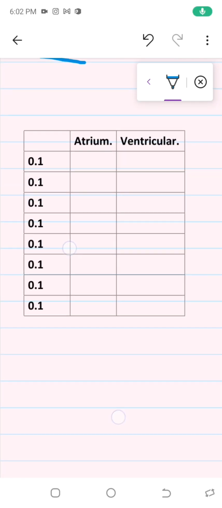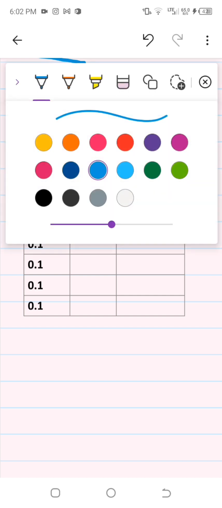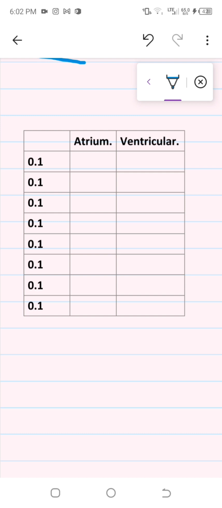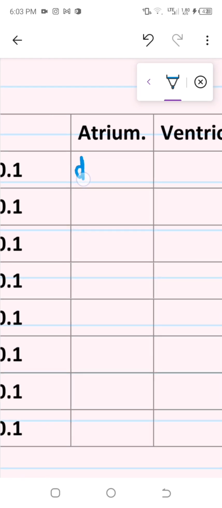Now let's discuss this pie chart as I have drawn here right now. As in the video we have discussed, till 0.4 second, atrium and ventricle both will be in diastole. So here diastole will be taking place, and same here.